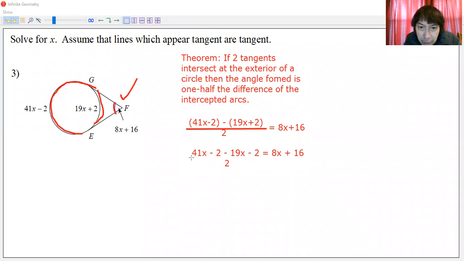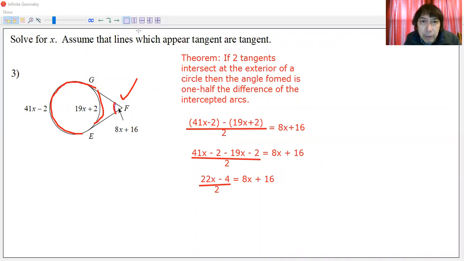How about 41 minus 19? 11 and 9 is 2, 3 minus 1 is 2. 22x, yes. So this is 22x, and we have a minus 4, and then divided by 2, still equal to 8x plus 16. We still have the divide.